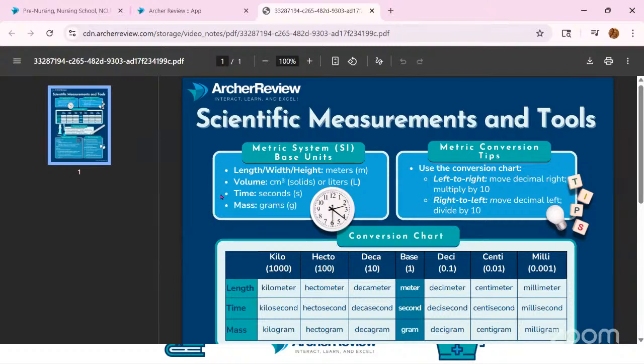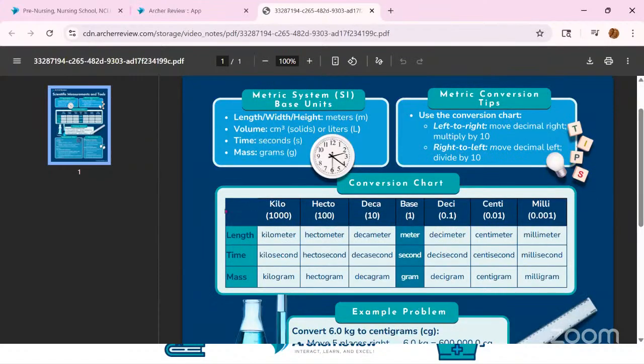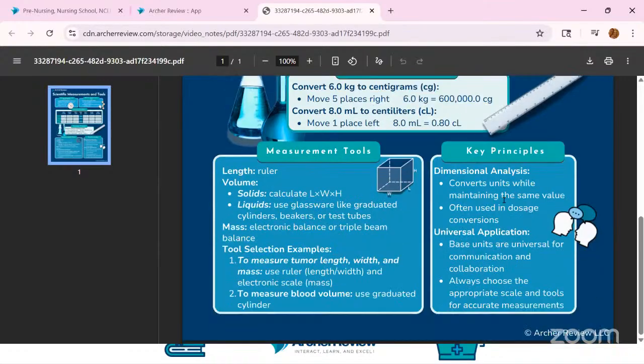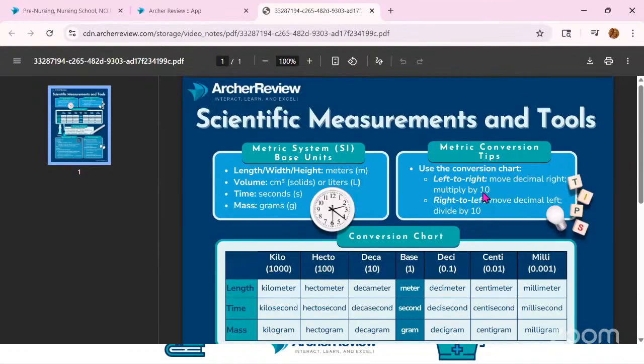They're full of all the things you need to know, like the base units. They give you tips. They give you that nice conversion chart. So, remember yesterday, if you were with me, we converted 5 meters to 5 millimeters by moving 3 decimal places. You'd have that chart available to you. Example problems, measurement tools, key ideas, and it's just chock full of so many amazing things.